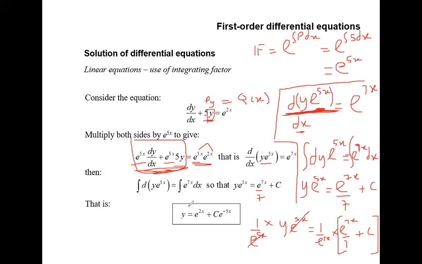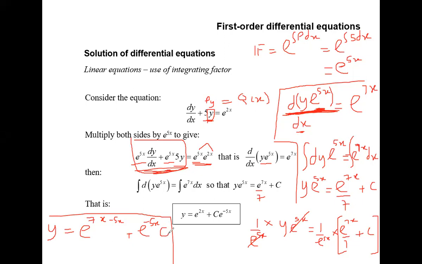We will need more space for this. So on the left side, we have y. And then on the right side, this will give us e raised to the power 2x. 2x in the sense that from indices, we have 7x minus 5x because they are the same base. Plus this is e raised to the power minus 5x, c.